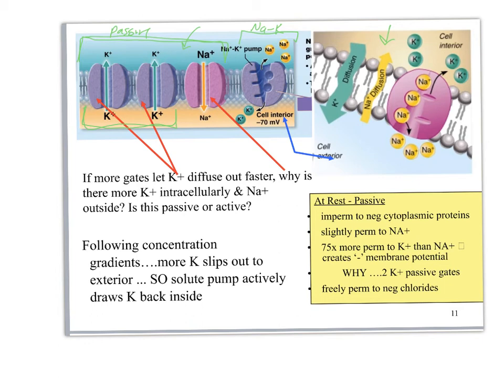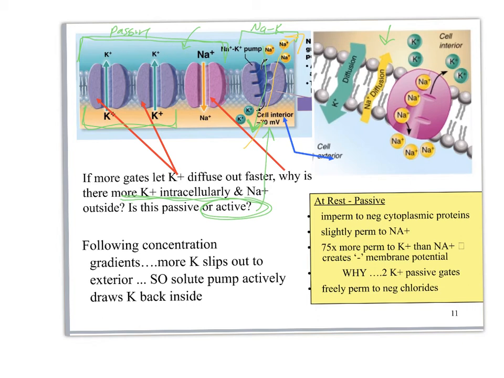I want you to think about why there's more potassium inside and sodium outside. This is going to be this active process controlled by this. The sodium-potassium pump is going to be drawing the potassiums back in and taking the sodiums out in order to maintain that ratio.